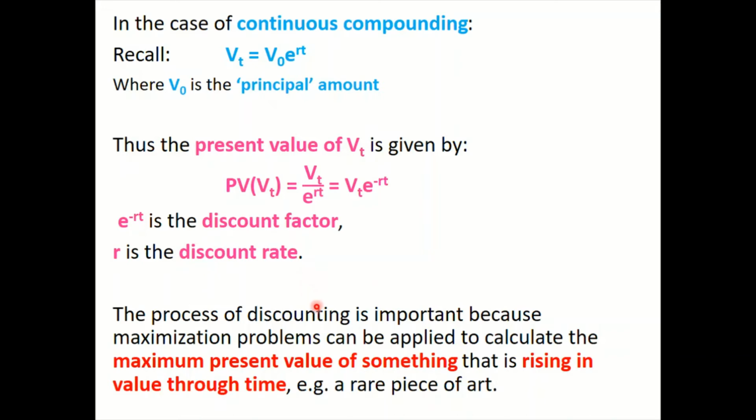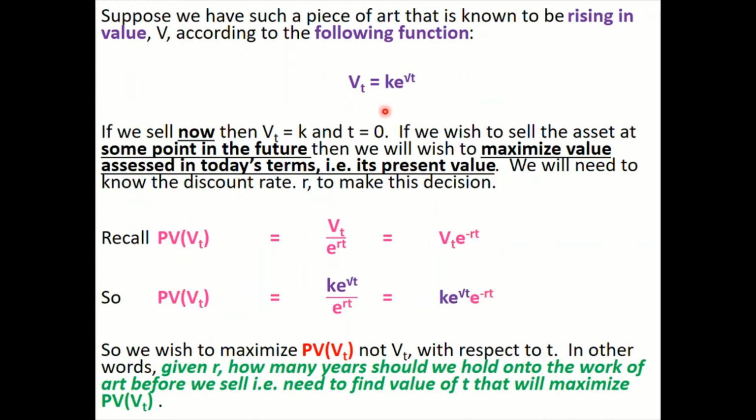So if we just take a look down here, the process of discounting is important because maximization problems can be applied to calculate the maximum present value of something that is rising in value through time. For example, a rare piece of art. So here we have an example.